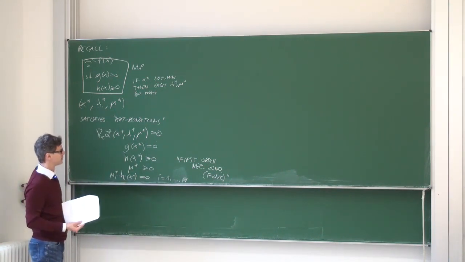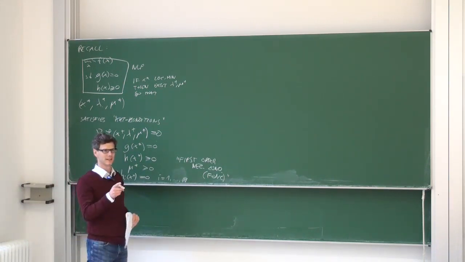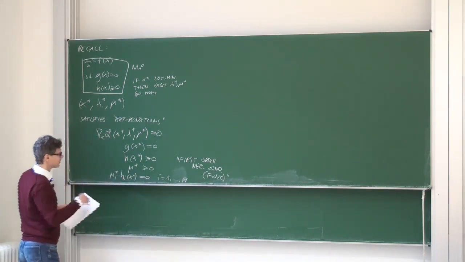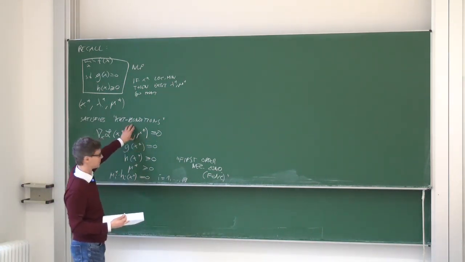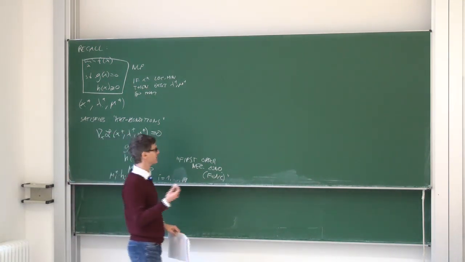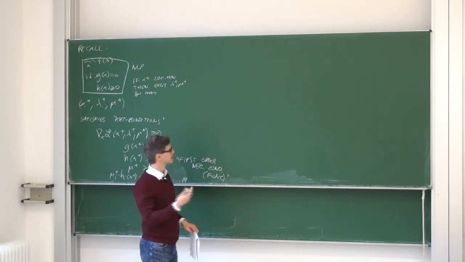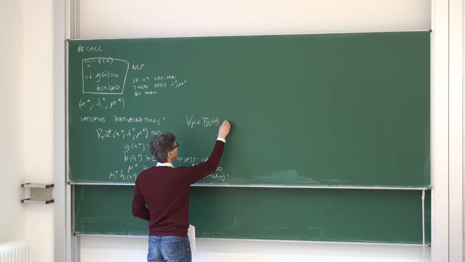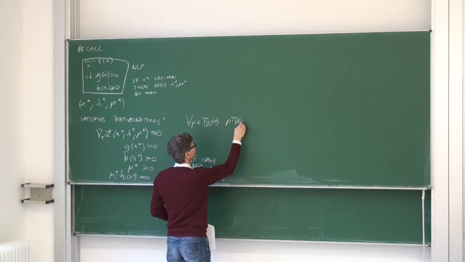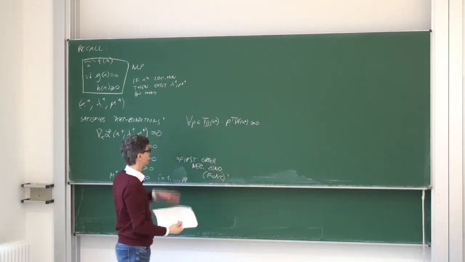In essence, these conditions are saying that for all feasible directions, you can only go uphill. So this statement was basically equivalent to saying that for all p in the tangent cone, p times nabla f of x star is going uphill. That's basically what they mean, plus some extra.